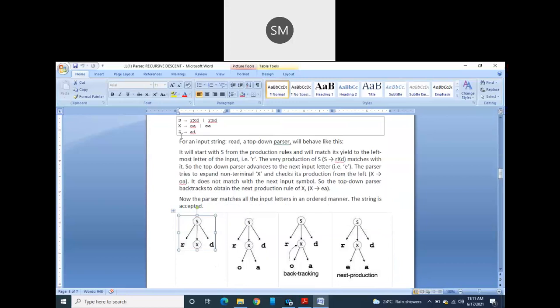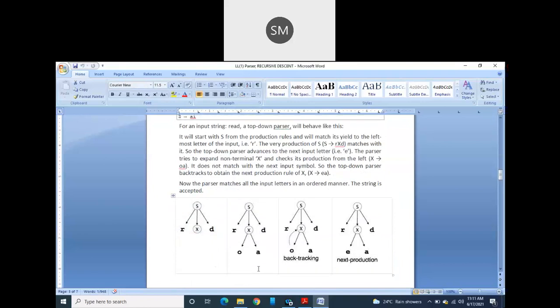Then you want to replace capital X, and again you have two options. First you try with OA, and if it is not matching, it is R, first character, O, A, D. It is going to give you some other word, that is road, instead of read.